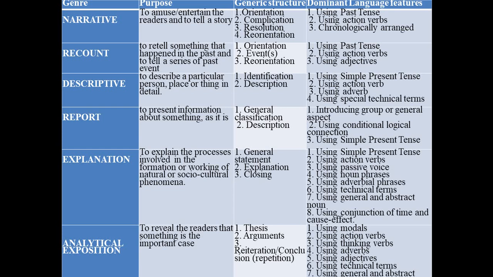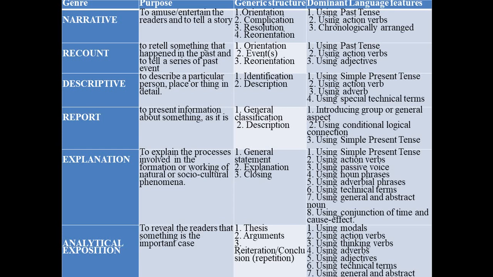In language features, you can see simple present tense, action verbs, passive voice, noun phrases, adverbial phrases, technical terms, general and abstract nouns, and also conjunctions of time and cause and effect. So this is the explanation type of text.